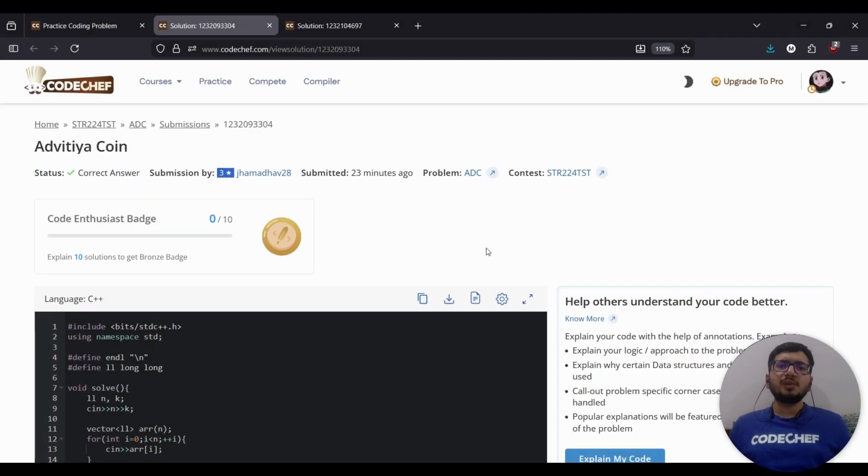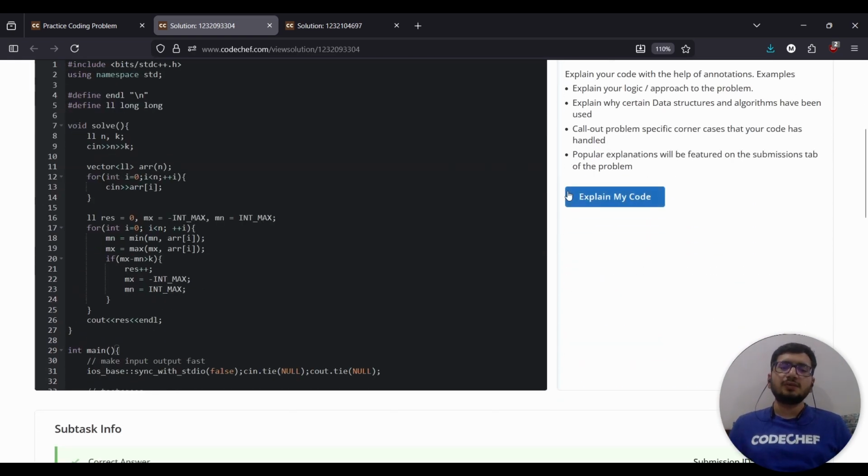Let's see how we can implement the solution in C++. So for each test case, we call the function solve, take the input of n and k, and then we take the input of our array. We initialize our number of winning trades, that is result, as 0. We initialize maximum as a very big negative number and minimum as a huge positive number. Then as we go through our array, we initialize the values of minimum and maximum.